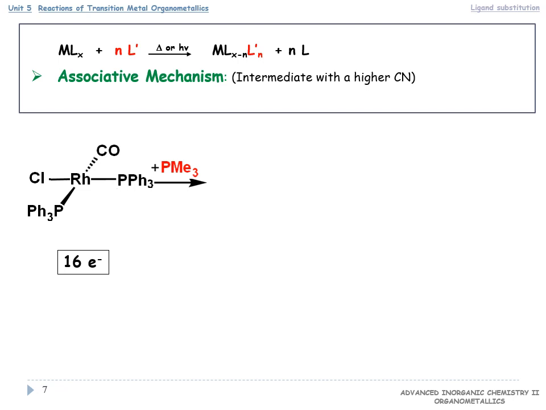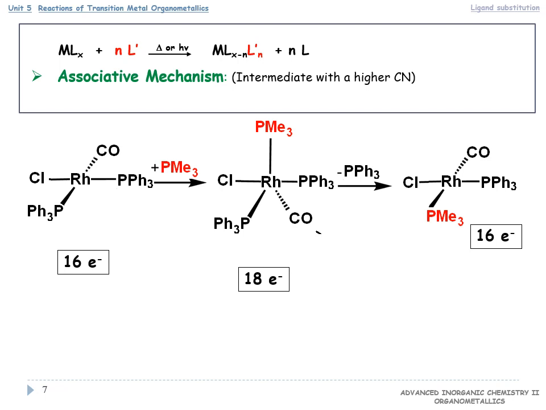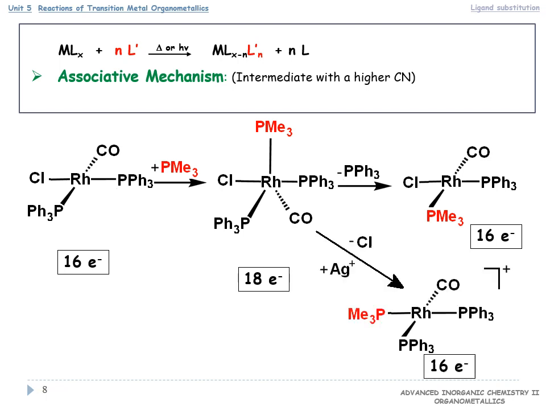It starts with the association of the incoming ligand, trimethylphosphane, to afford a pentacoordinated intermediate with a trigonal bipyramidal geometry, followed by the dissociation of one of the original triphenylphosphane ligands. We can make the chlorido ligand go away by adding silver cation.